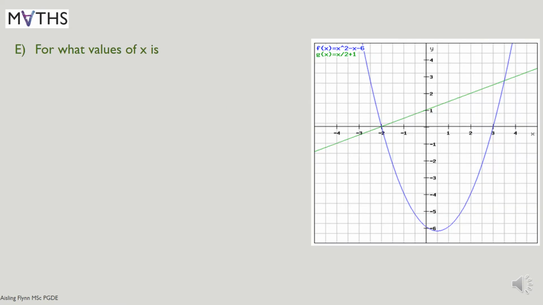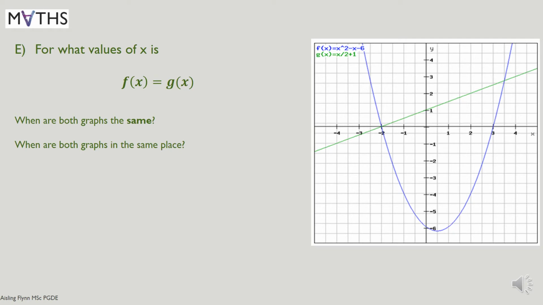Part E asks, for what values of x is f of x equal to g of x? Now, what does that mean? So f of x was the blue curved function, quadratic, and g of x was the green linear function. So what it's asking you is, when are both graphs the same? When are they equal? When are both graphs in the same place?